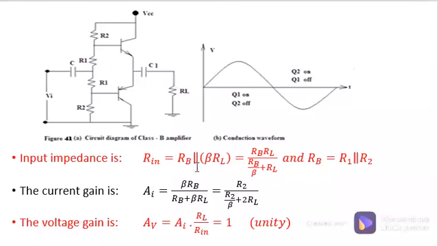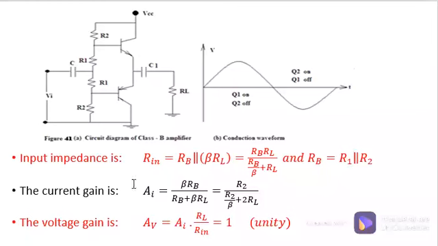Because these two are in parallel, I will say the product all over the sum, and we know this Rb is the parallel equivalent of R1 and R2.